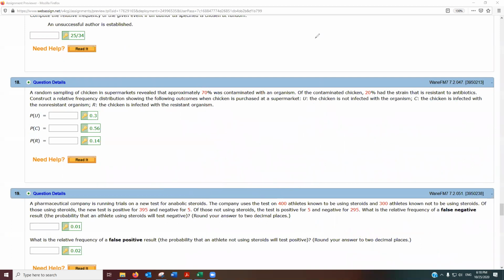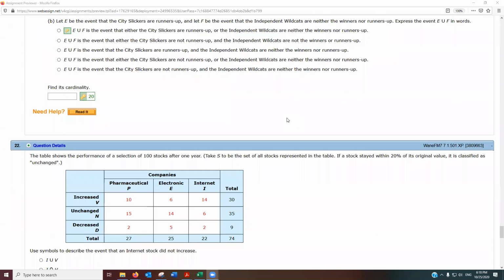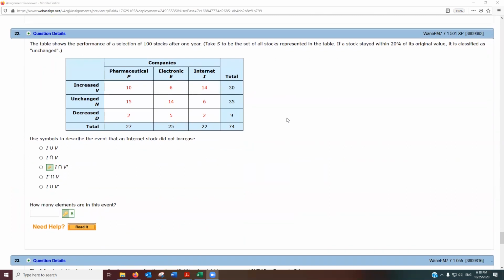All right, maybe we could do one or two more. Let's see what's a little different. All right, how about if we come here to number 22? This one's giving me a table where there are different kinds of companies: pharmaceutical, electronic, internet companies. And this is the performance of stocks after 1 year.